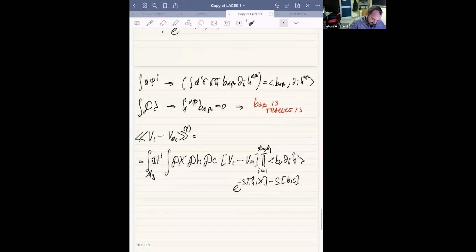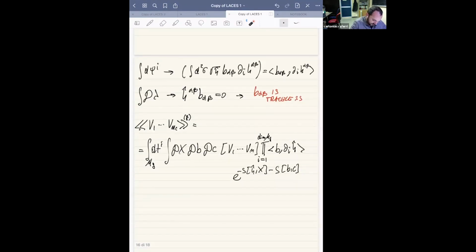Okay, and just to remember, since we have used the fact that B alpha beta is traceless, we can be a little bit more specific.